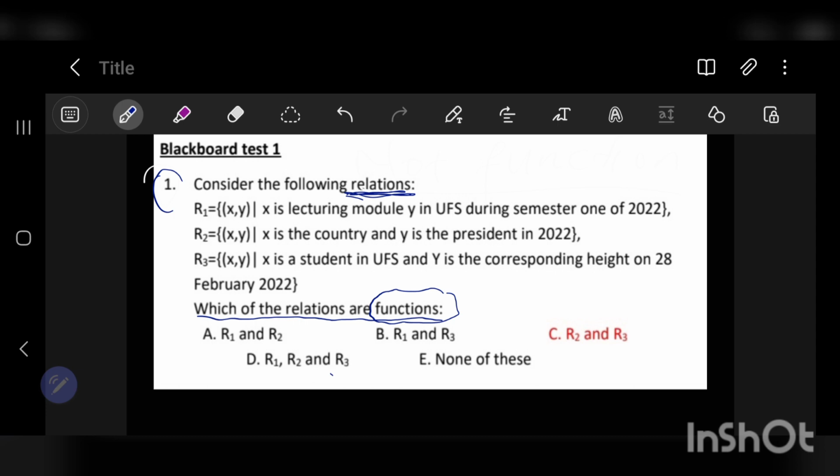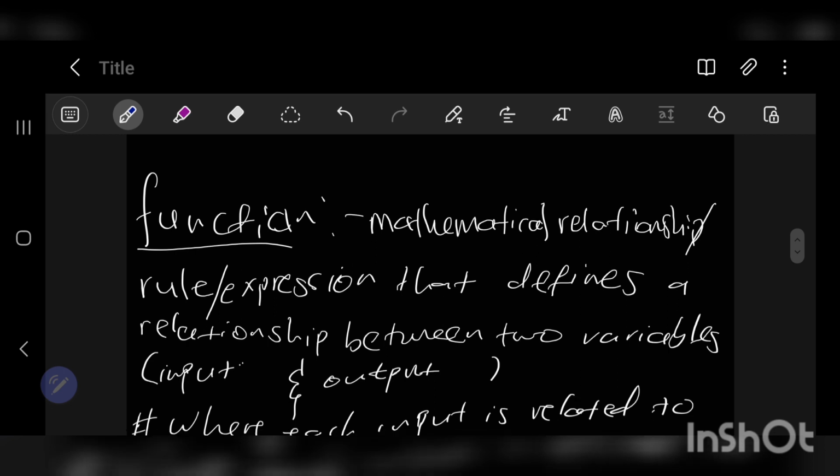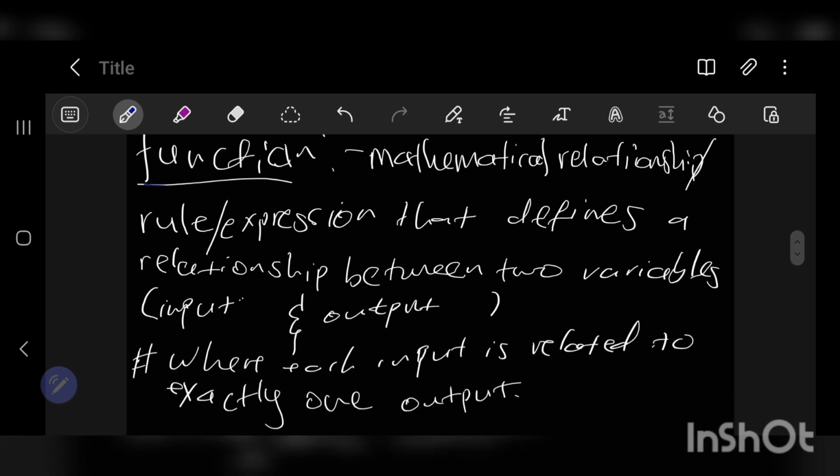Let me go back to our definition. What is a function? A function is a mathematical relationship, a mathematical rule, or a mathematical expression that defines a relationship between 2 variables.